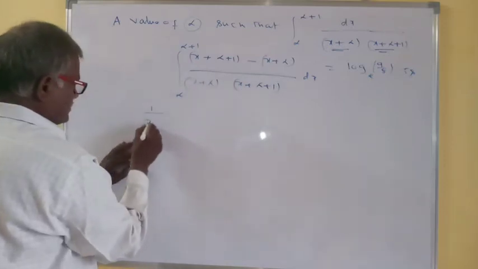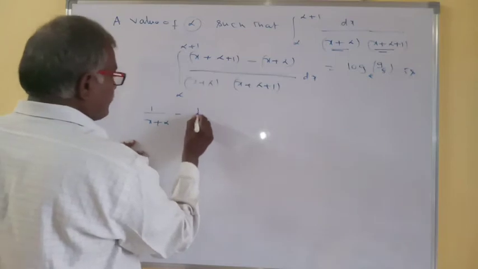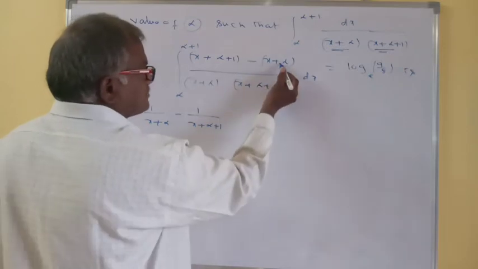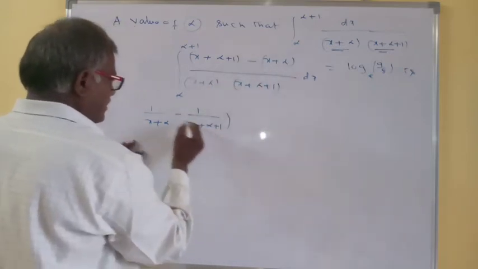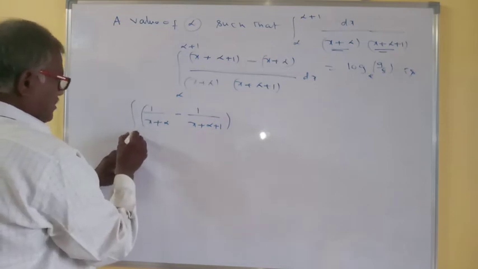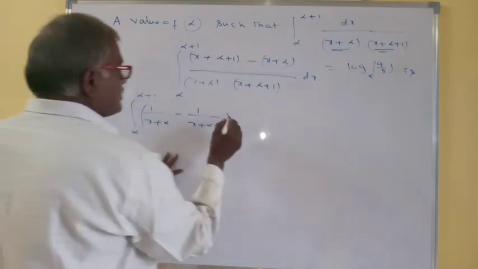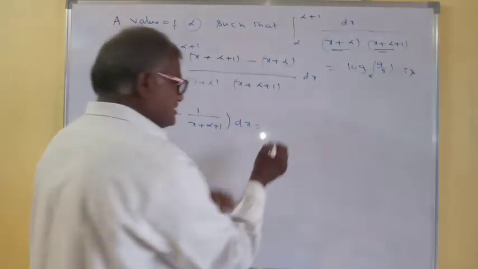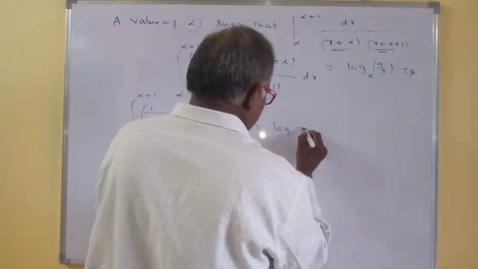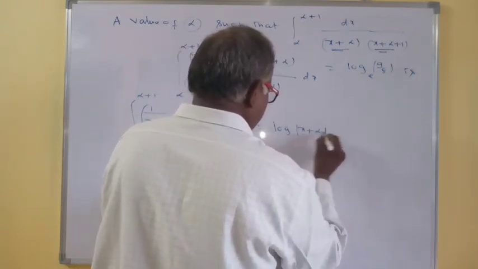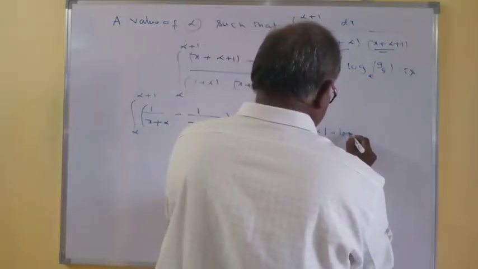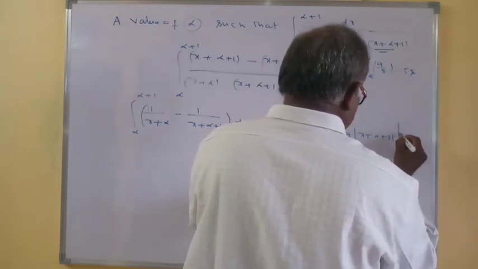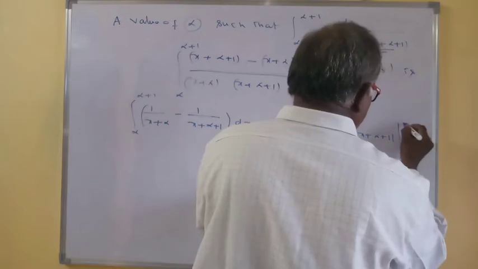Finally 1 by x plus alpha minus 1 by x plus alpha plus 1, dx, where the x plus alpha terms cancel. The integral of 1 by x dx is log of x, so we get log of x plus alpha minus log of x plus alpha plus 1, with limits alpha to alpha plus 1.